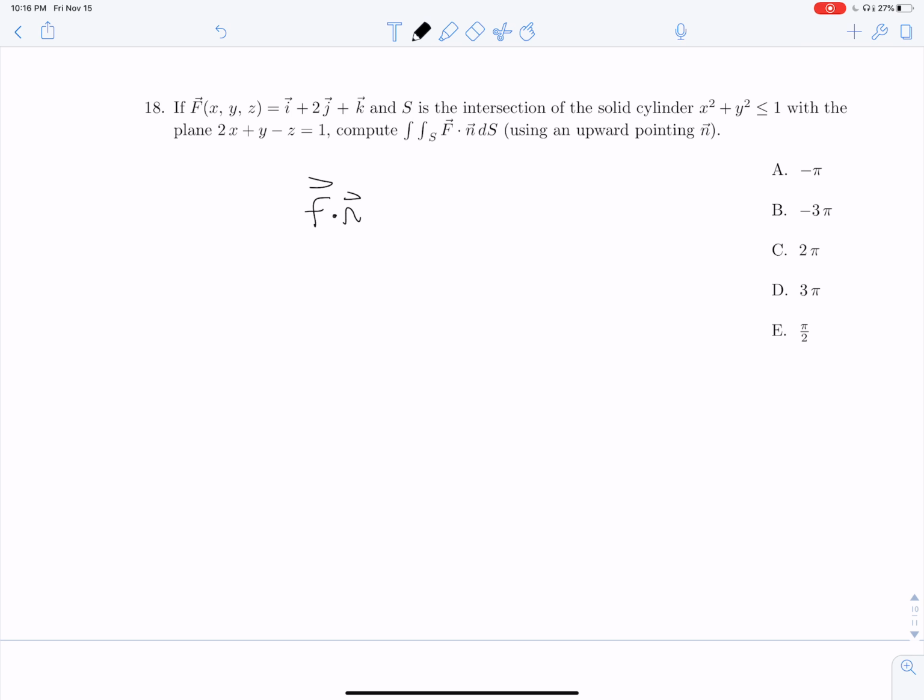The only leap is to realize that, so we have this cylinder, and we have a plane cutting that cylinder in some way. And what is the normal vector of the surface in here?